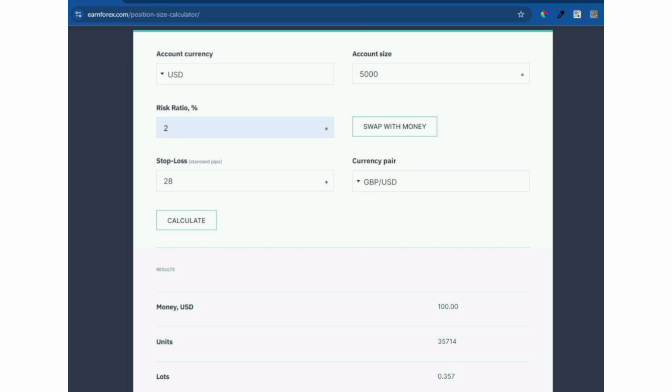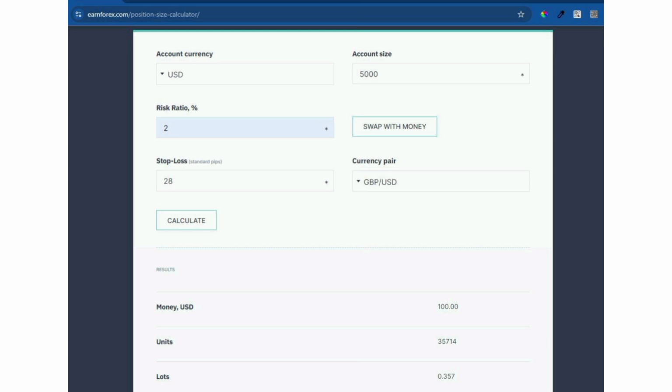If the trade should hit take profit, and you have a 2:1 risk to reward ratio, you would make a profit of $200. If it is a 1:1 risk to reward ratio, you would earn $100 at take profit.